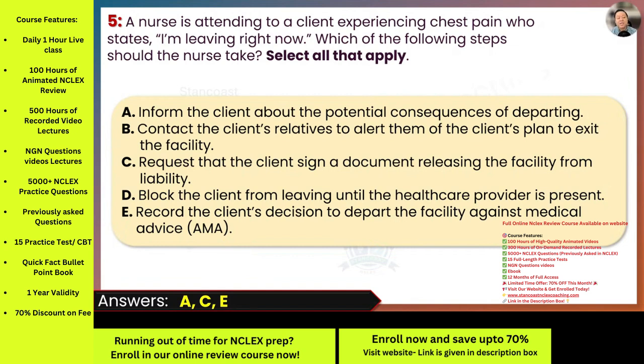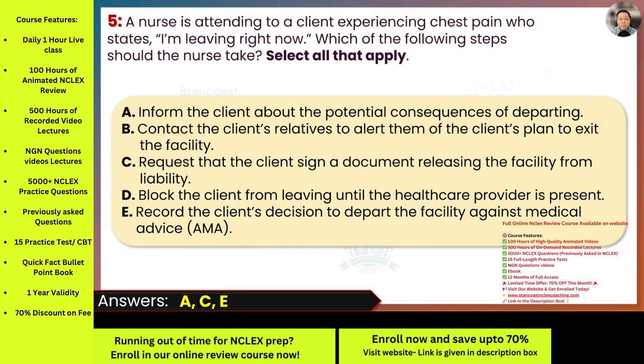Now, why is letter B an incorrect option? It says contact the client's relatives to alert them of the client's plan to exit the facility. Now, it is wrong because remember that HIPAA prevents nurses from sharing patient information without the patient's consent. And even though you might think the family should know, the patient has a right to keep their decisions private.